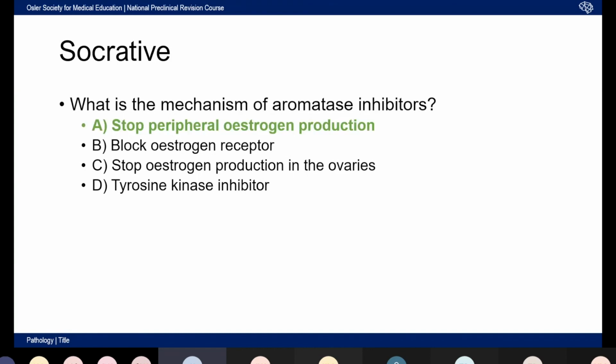So aromatase inhibitors stop peripheral estrogen production. They can't stop estrogen production in the ovaries, so that's why they're only useful in postmenopausal women. When estrogen is no longer being produced by the ovaries, then aromatase inhibitors can be really effective.